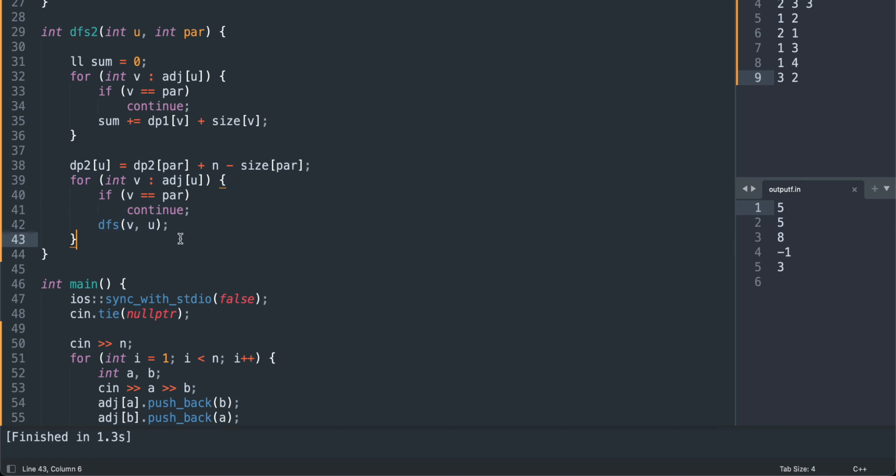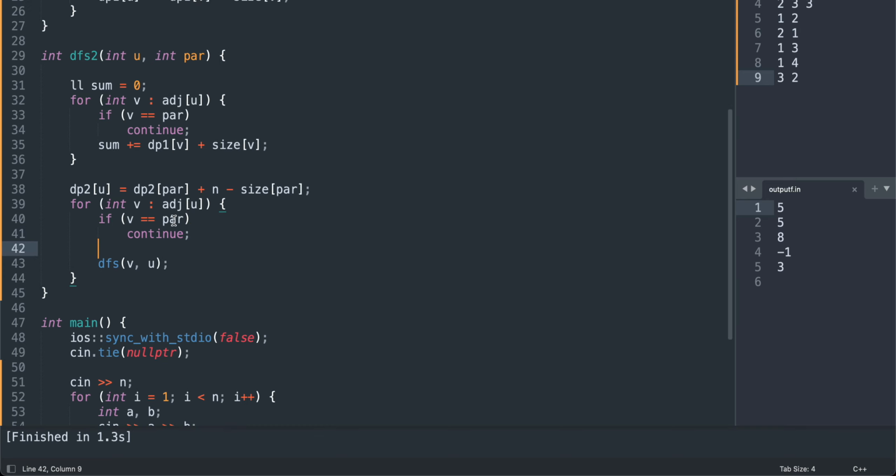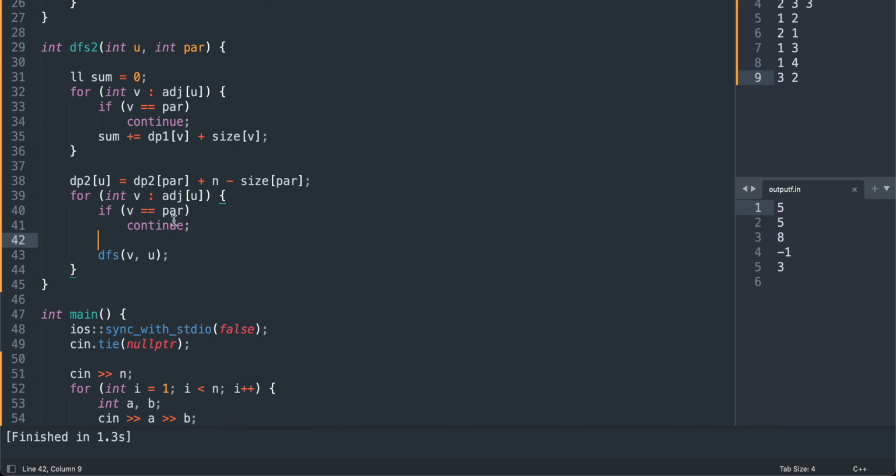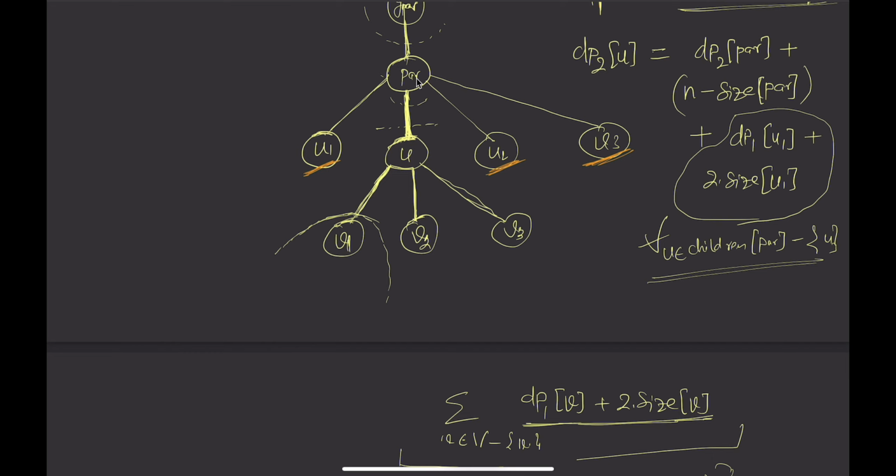But when I call this one, dp1 I already know, but do I know dp2? No, dp2 I don't know for this v1, right? Because this is this one. dp2 of v1, do I know?